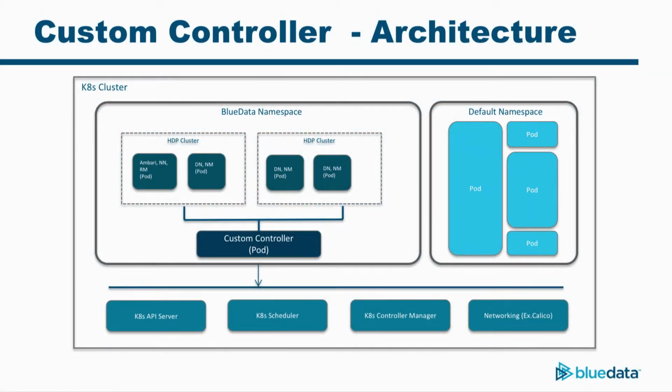The custom controller that we built, at a very high level, was done 12 months ago. The controller itself was running as a pod, and you had your default namespace, and then within the BlueData namespace, we were able to bring up additional Hadoop clusters or Spark clusters or whatever customers requested, all running on Kubernetes.